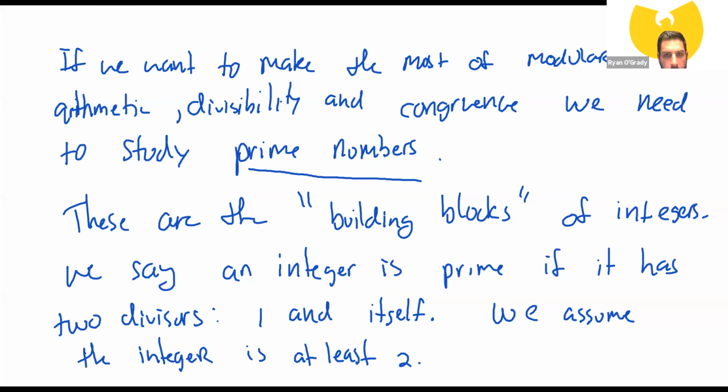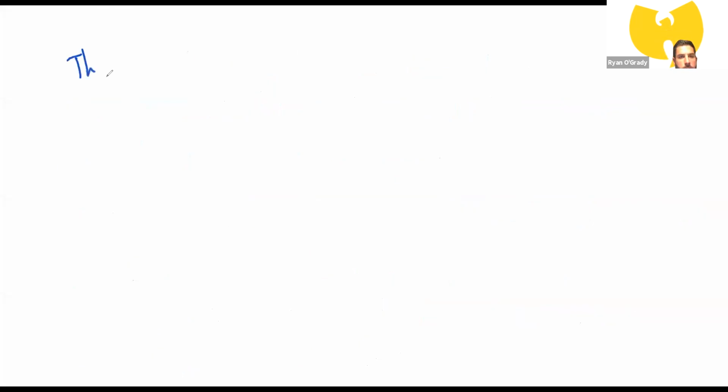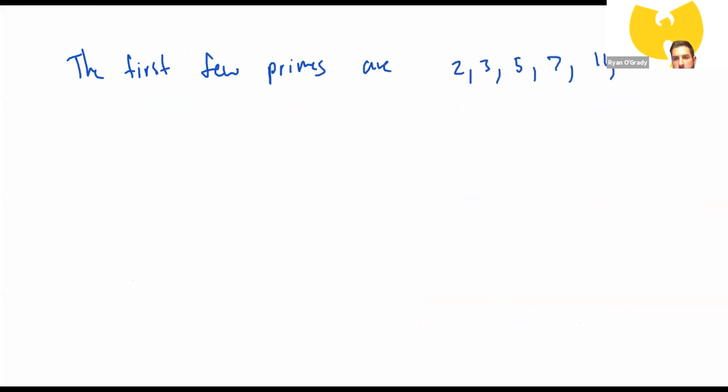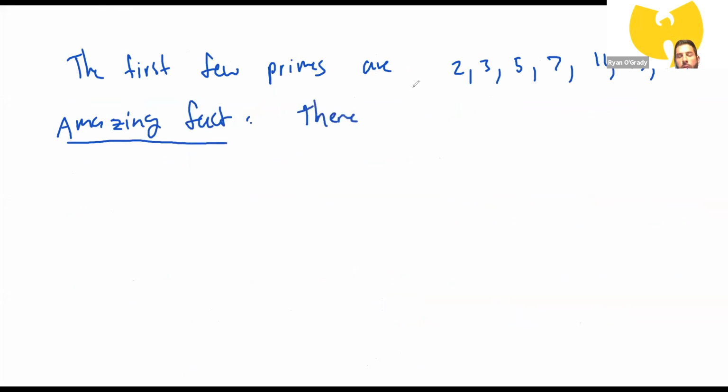So the first few primes are 2, 3, 5, 7, 11, 13, and so on. Here's an important fact: there are infinitely many primes.